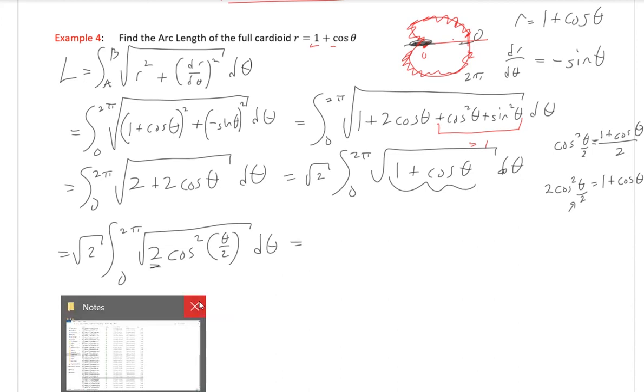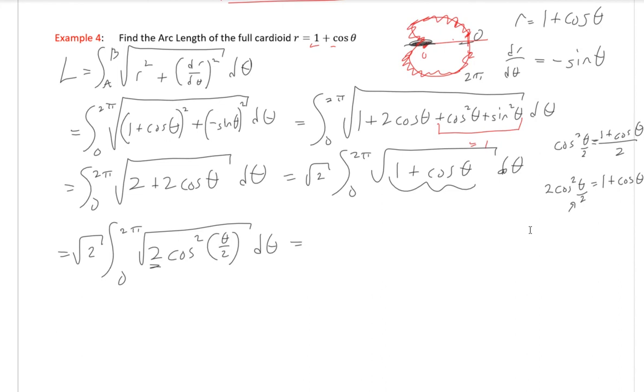That root 2 we can pull out and combine with the other root 2 to give us a total of 2 from 0 to 2 pi of cosine squared to the root, which is just going to be cosine of theta over 2 d theta.